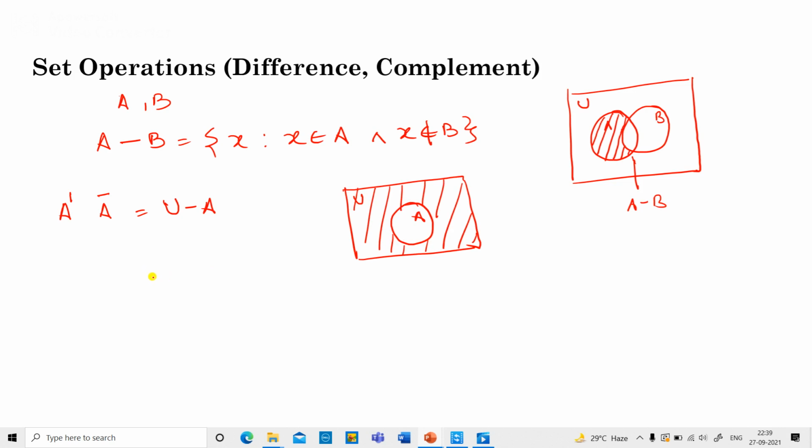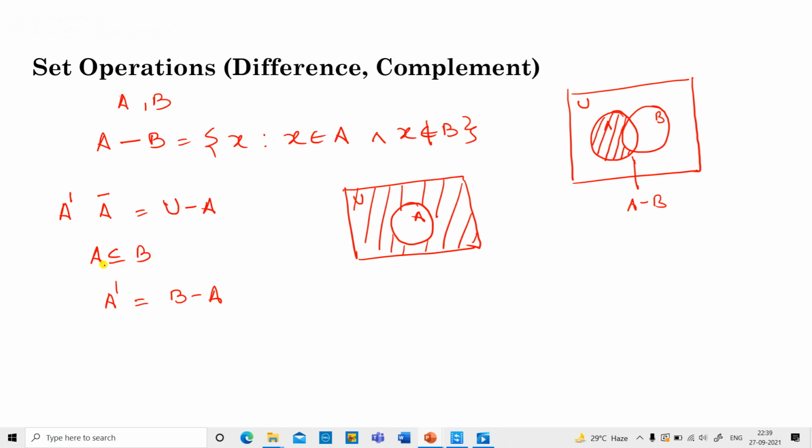Complement of a set is also defined when A is a subset of B. So you can define the complement of A with respect to B also. With respect to B means A dash equals B minus A. So we can define complement with respect to a superset.